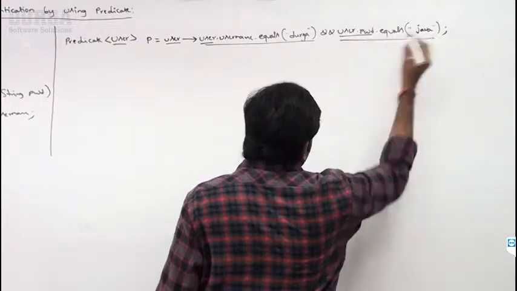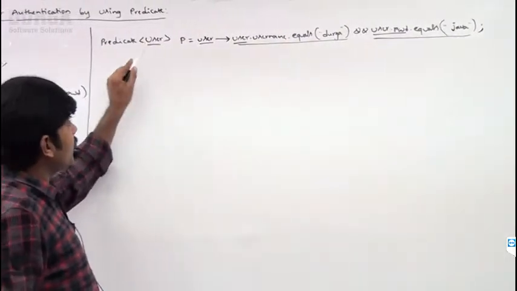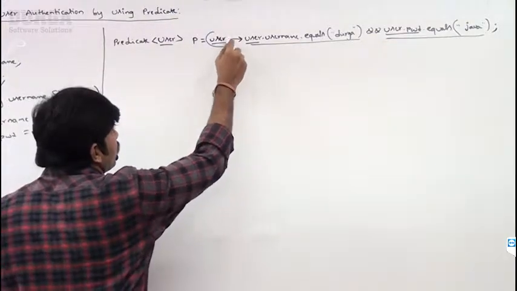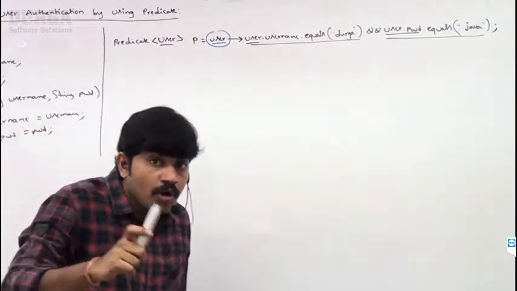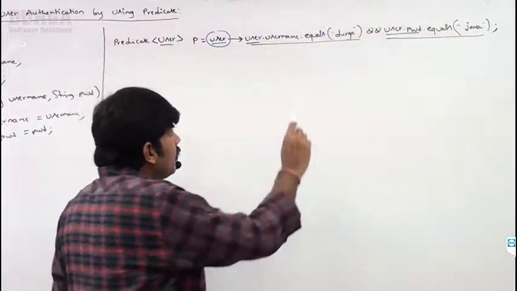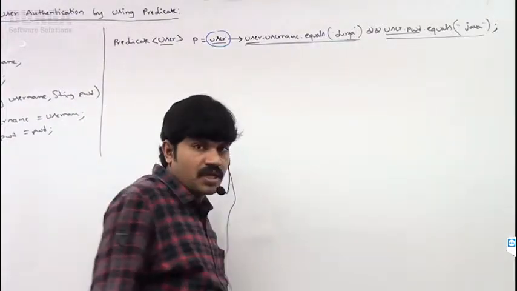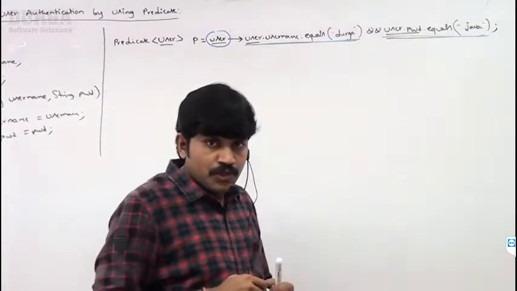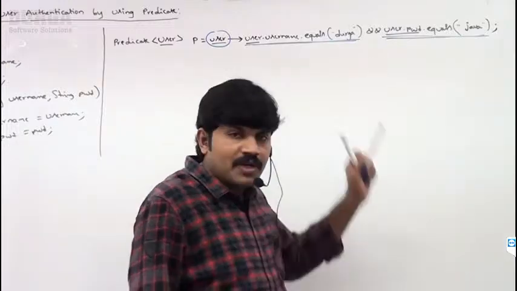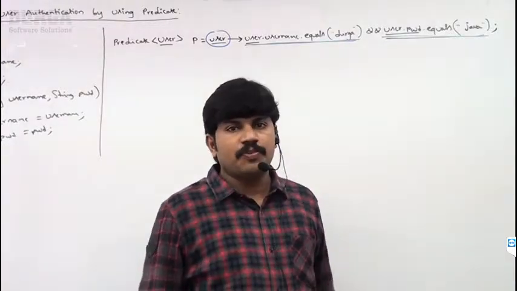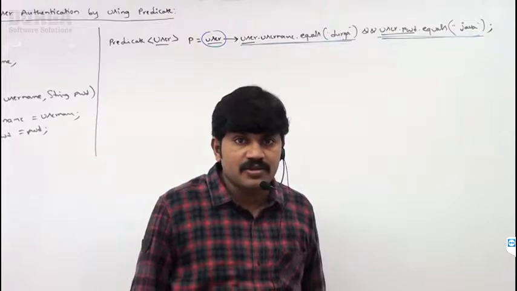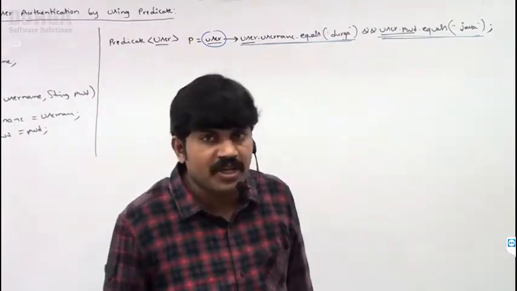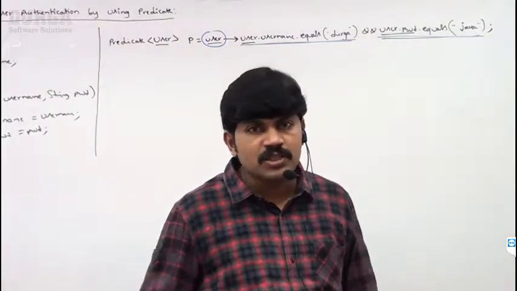Have you observed? I'm providing a user object as the argument type, and this predicate will check whether the username is Durga and the password is Java or not. If username is Durga and password is Java, then the test method returns true. If anywhere there is no match, then this predicate fails, or otherwise the test method returns false.